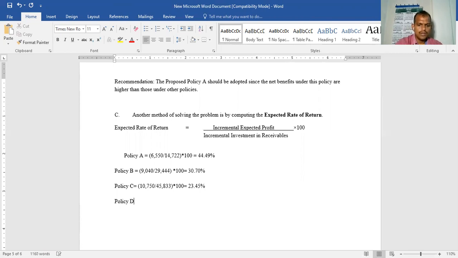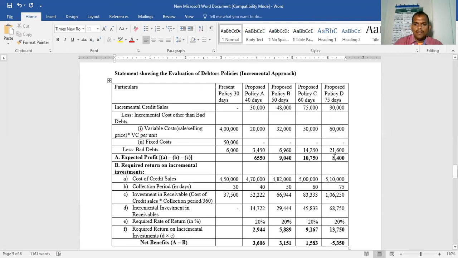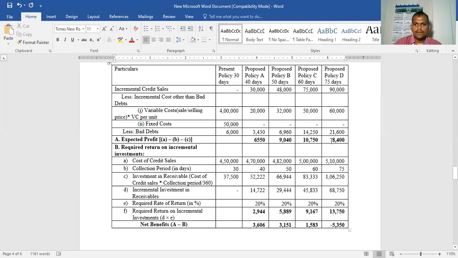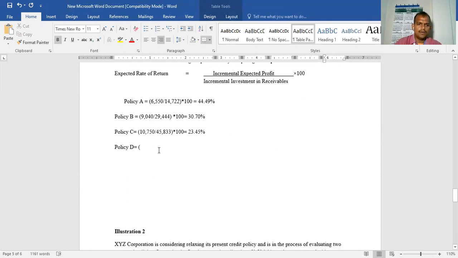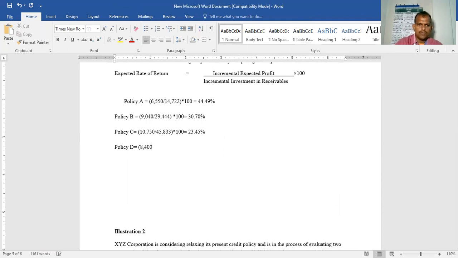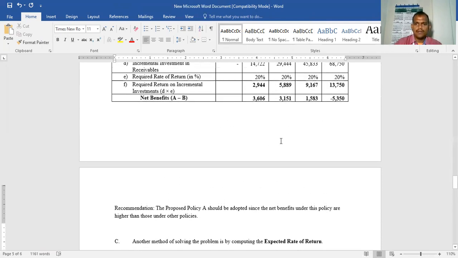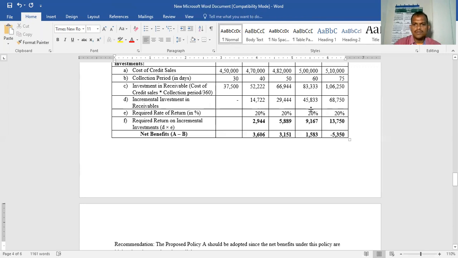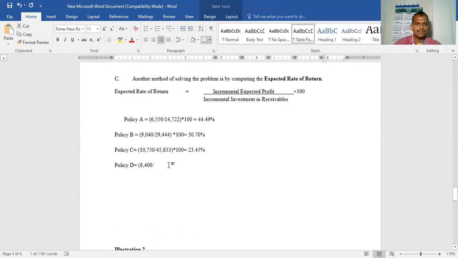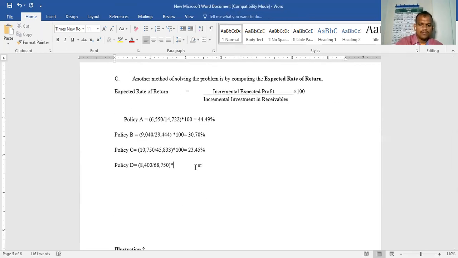Coming to the proposed policy D, 8,400 by incremental investment in receivables 68,750 into 100, 12.22%.